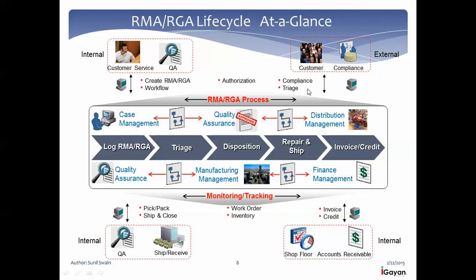Then if there is a compliance or we do some trial process, how it takes place, how quality assurance is involved, how it runs through the manufacturing process, how we do the disposition, how to repair the product on the shop floor, and finally we ship the material to the customer and generate the invoice and credit. So these are all interrelated cross-functionally, and we are going to take a look at it. So this is the whole life cycle of the RMA process.